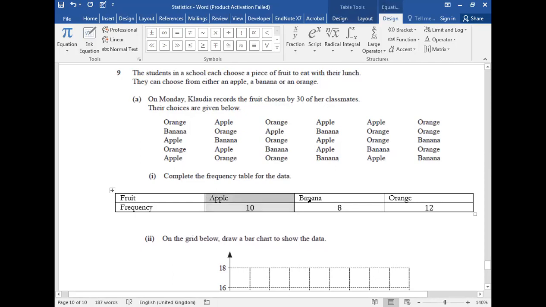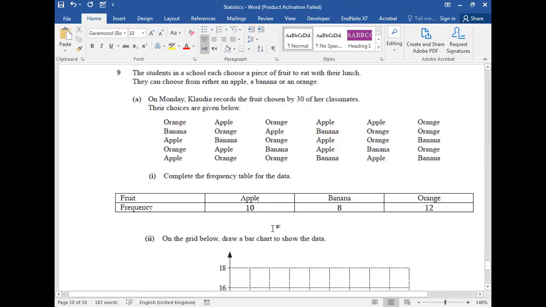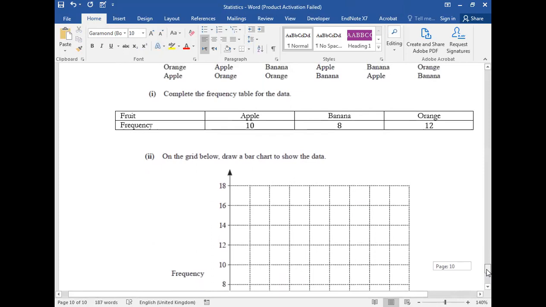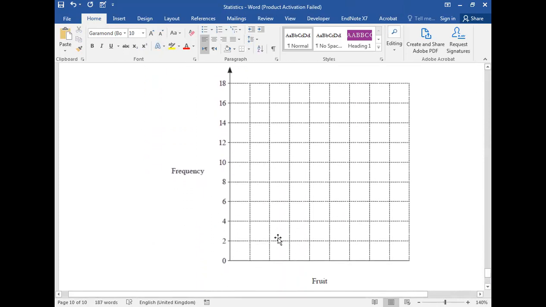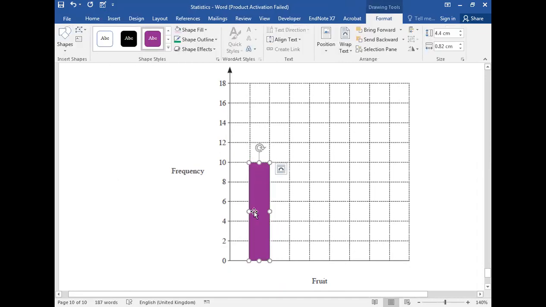Yes, bete. Now you need to plot a bar chart for this one. You'll just be labeling your bars as fruits. बीच में label मत करना. I'll try to label it in the middle, but you do not attempt to do that. The first one's frequency was 10, and these were apples, right?